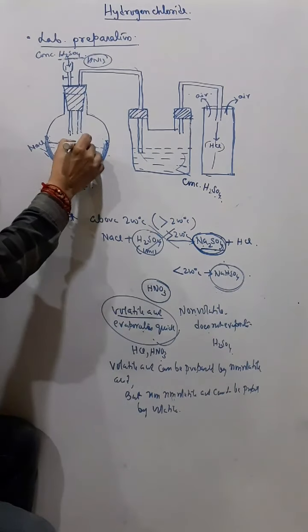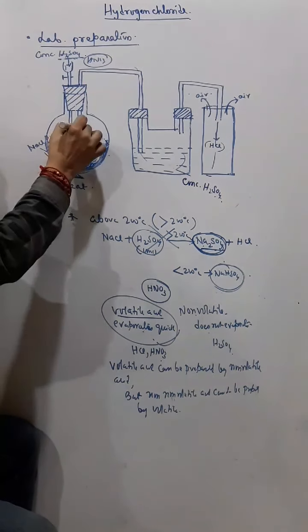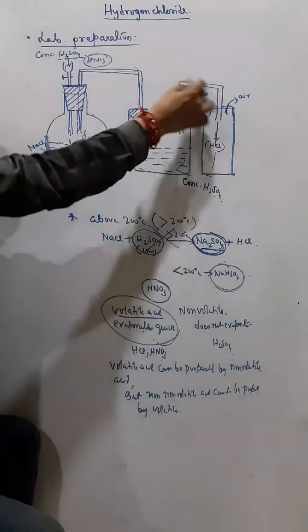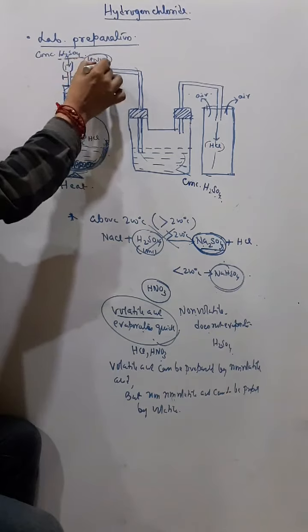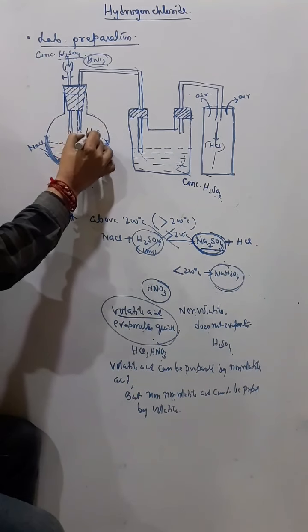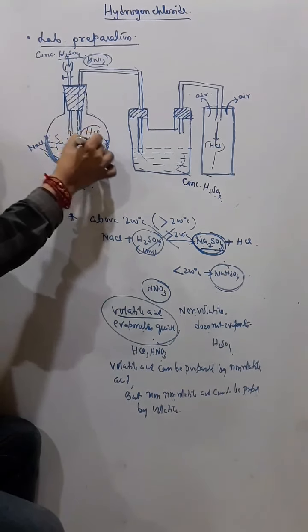The vapor formed here is only HCl vapor, and it comes out and we collect it. But suppose instead of H2SO4 I take HNO3, then what will happen? The HNO3 vapor will also get mixed in.